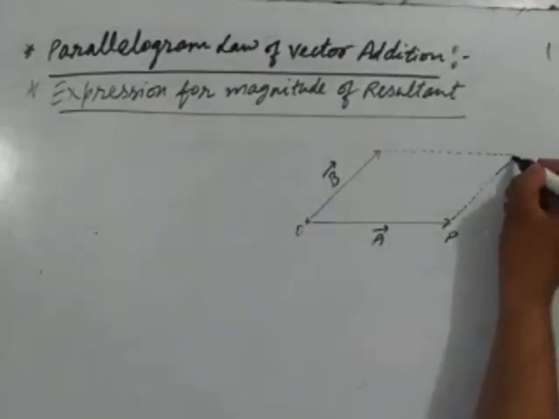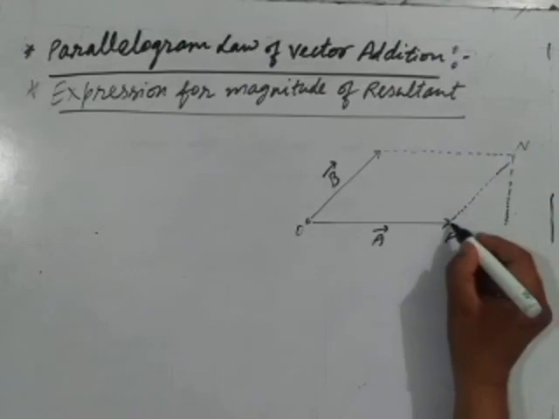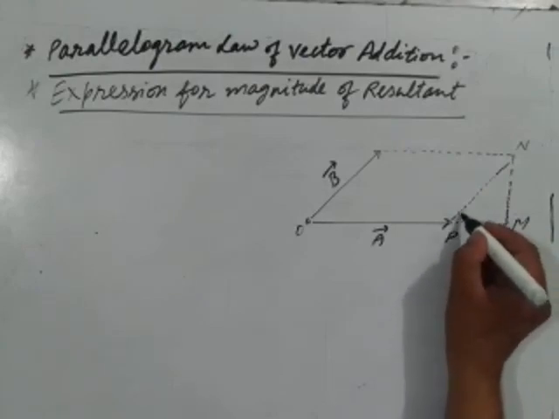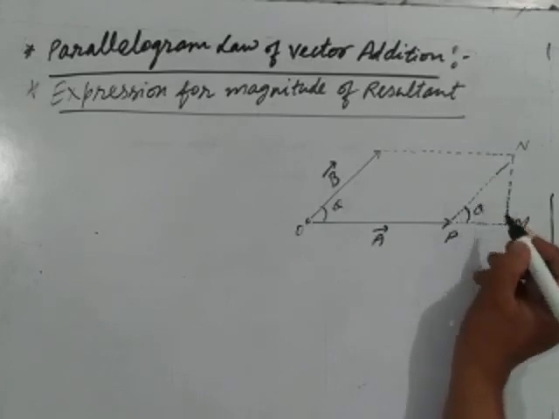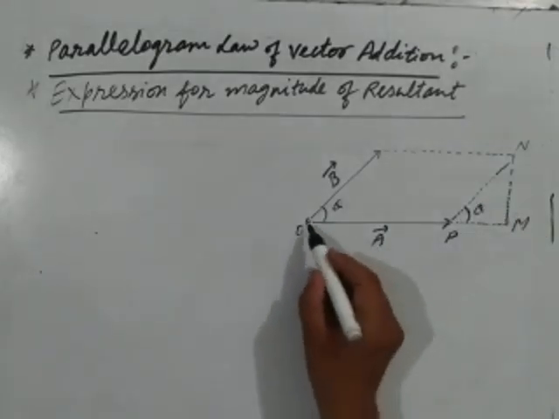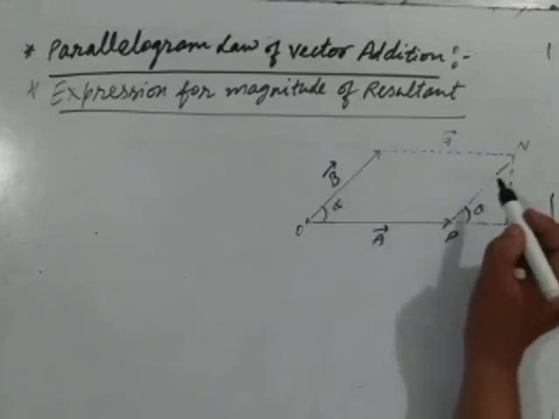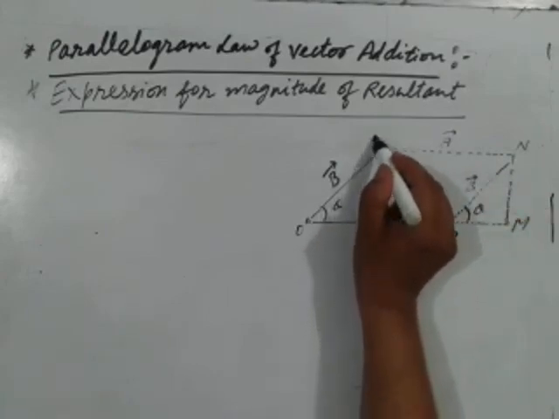Now draw a perpendicular from this point meeting OP produced at point M. Say this angle is theta, so this angle will also be theta. If this side is A, then this will also become A and this will become B. This is K.